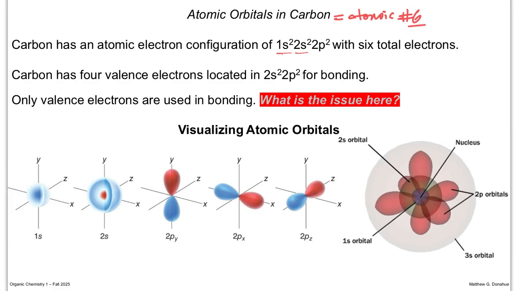We already know from our discussion in communicating structure that carbon forms 4 bonds. So we can put a break there and call these our core electrons. We don't consider them, they're not important for what we need to do. So the 2s2 and the 2p2 are used for bonding.